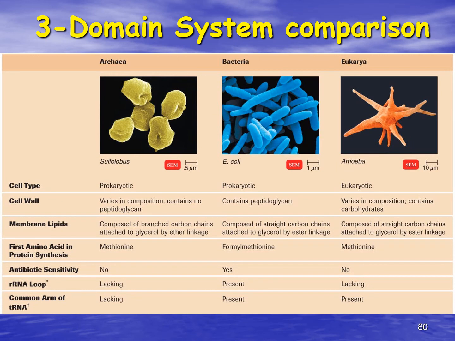So here are the 3 domains. Archaea are prokaryotic cells. Their cell walls contain no peptidoglycan, which is a specific protein found only in bacterial cell walls. Their lipid membranes are composed of branched carbon chains attached to glycerol by ether linkages, which I know doesn't mean anything to you all, but actually is one of the reasons that archaea were separated from bacteria.